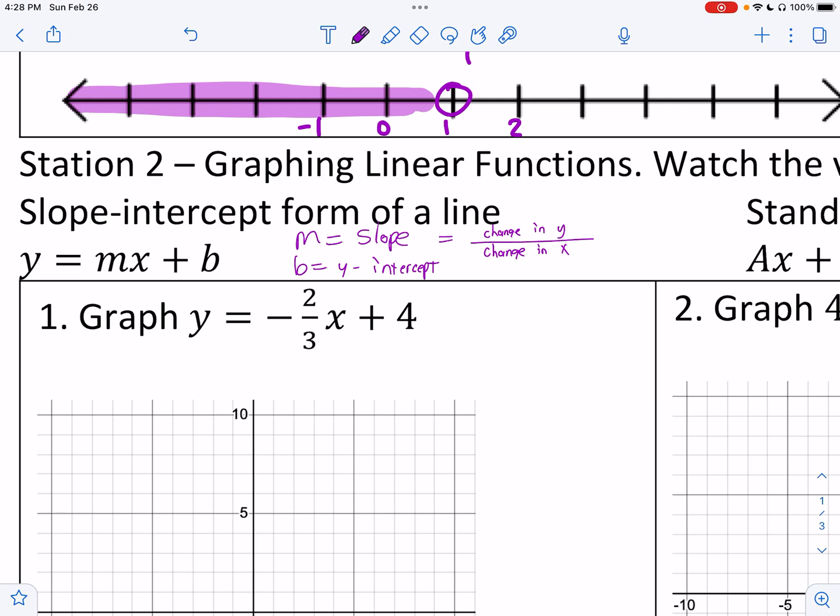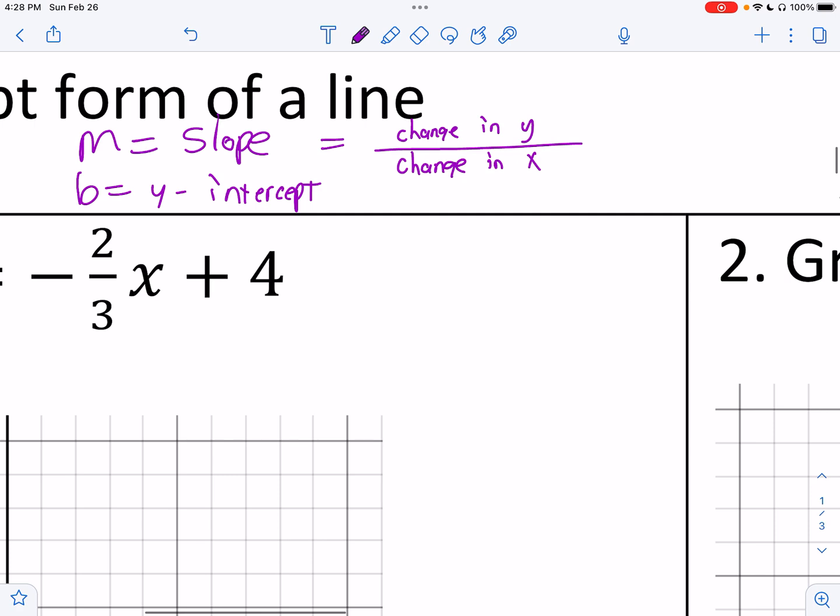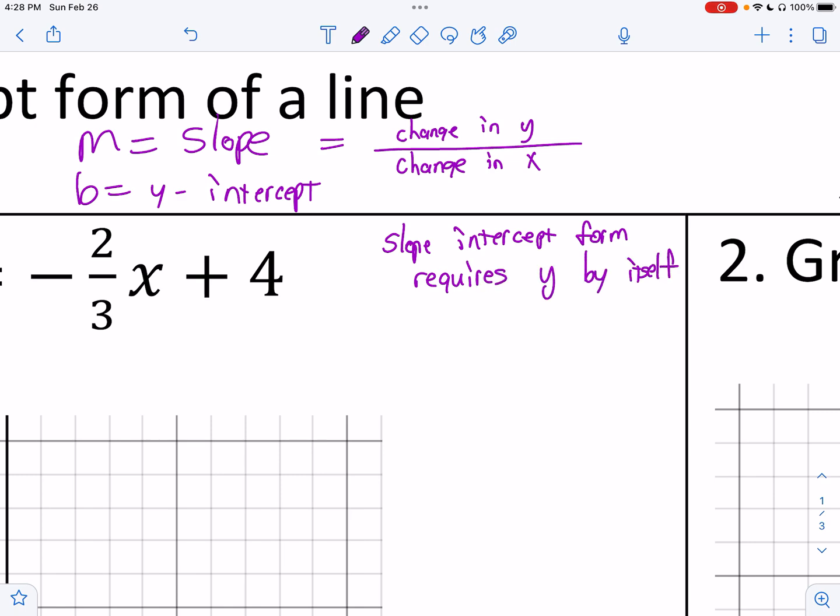So this function is in slope-intercept form, and I know it's in slope-intercept form because y is by itself, and there's no parentheses or anything on the right side. It's expanded out. So that's a helpful thing to recognize. Slope-intercept form requires that y is by itself, and no parentheses.